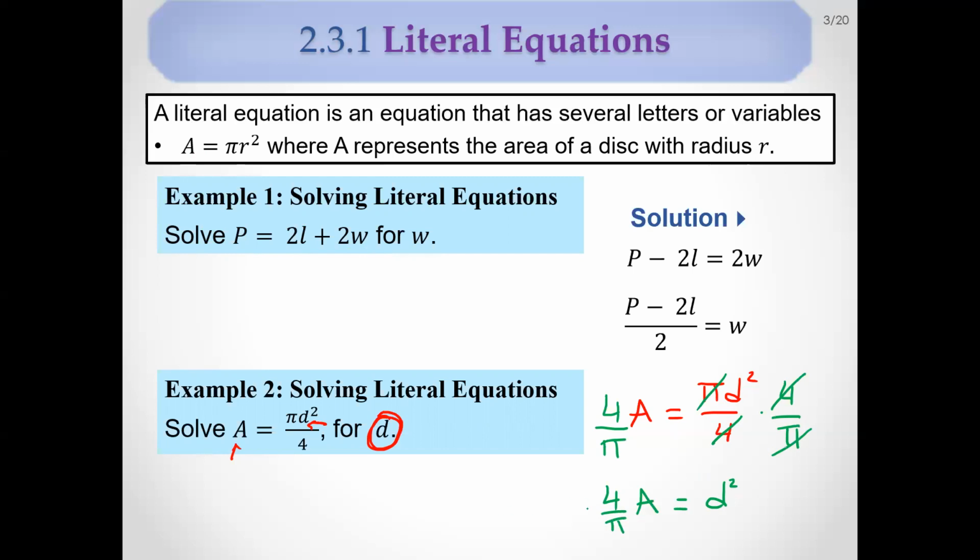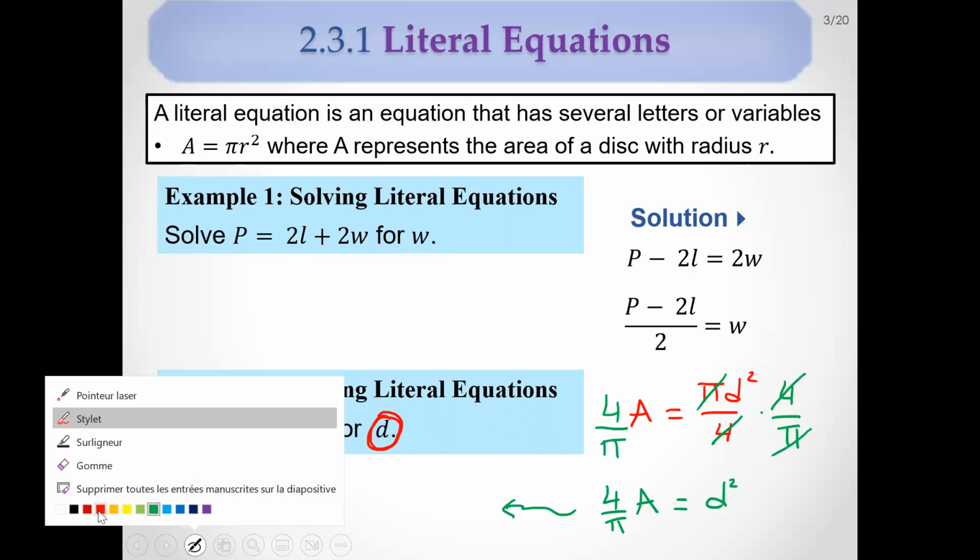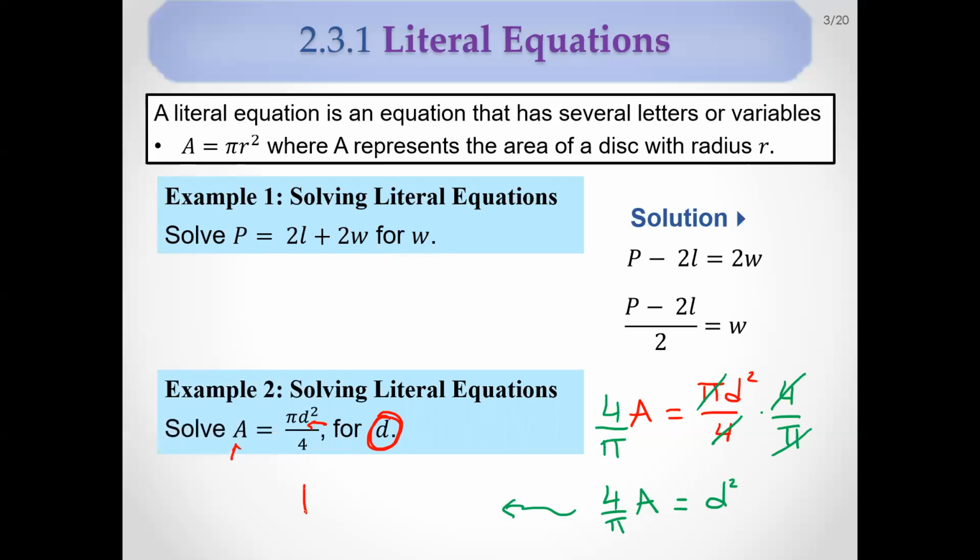And using the square root property, taking the square root, we get d is plus or minus root of 4a over pi. You can keep it like this, or you can simplify: we multiply by root of pi up and down.